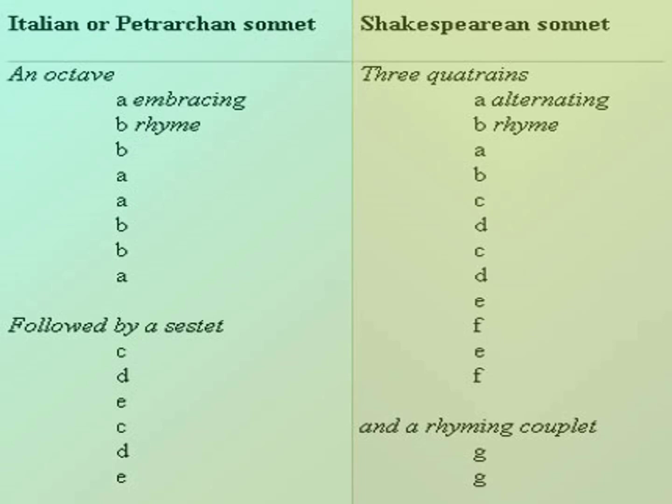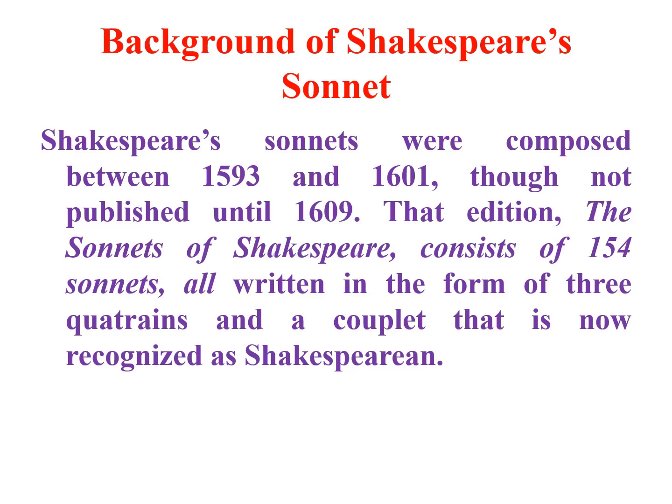But in the Shakespearean sonnet, how many quatrains are there? A, B, A, B, C, D, C, D, E, F, E, F, and last G, G. So there are three quatrains, and in the next slide there will be more.